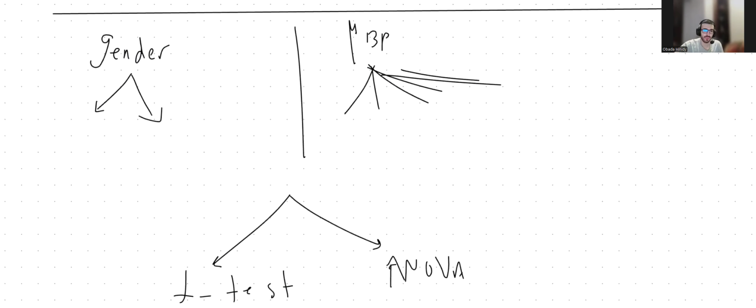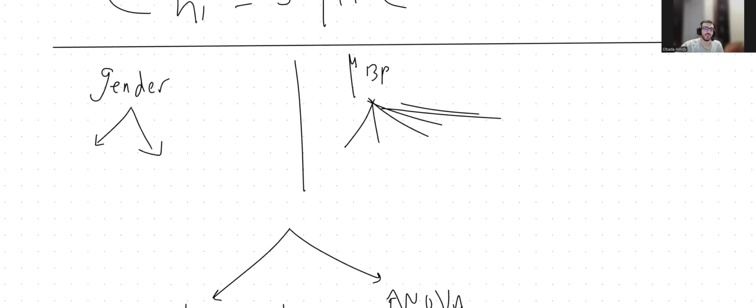All you have to do is look at your independent variable. In this case, it's gender. And ask yourself, is my variable here, the gender, taking two or more than two possibilities? Well, of course, it only takes two. It's male or female. Only two possibilities. In this case, the answer is t-test.